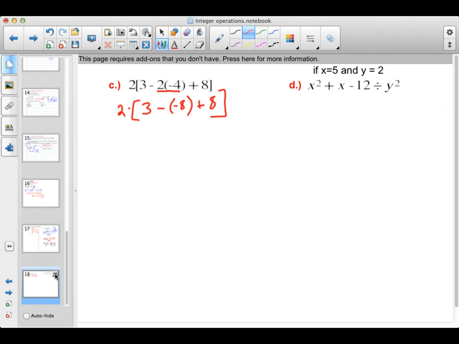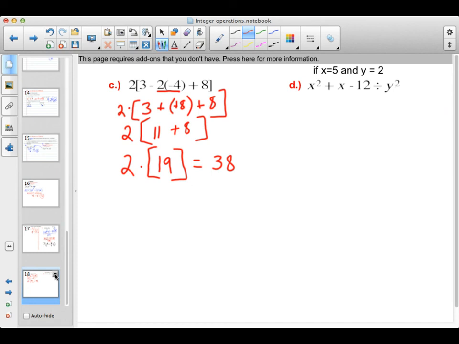Now we can work left to right since it's all subtraction and addition. 3 minus negative 8 is the same as 3 plus positive 8. So 3 plus positive 8 is the number 11. 11 plus 8 would get us 19. And this is all being doubled. So we got 2 multiplied by 19, which gets us 38.